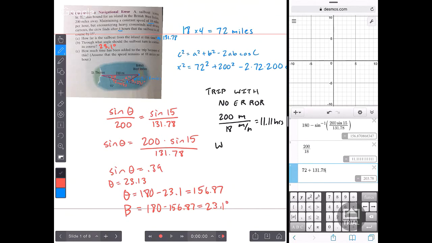So with error, it's going to be 203.78 miles over 18 miles per hour. Thank you. Algebra 1 caught my mistake. Not divide, exactly. So divide all this by their speed of 18 miles per hour, 11.32 hours.